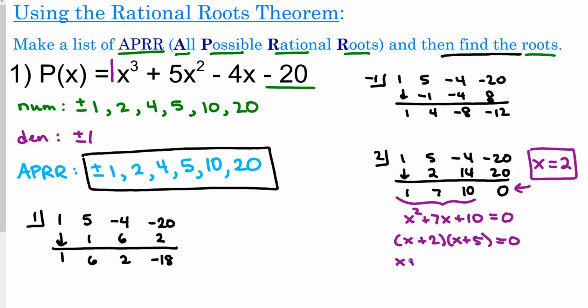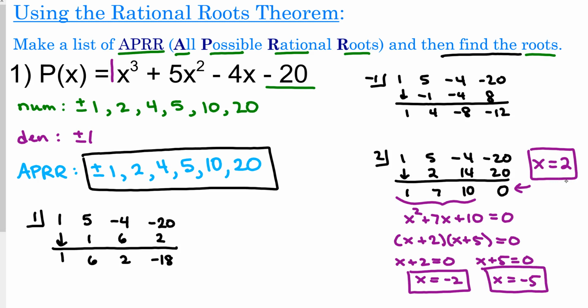And then if we set each of those equal to 0, we find that the other two roots are also rational. They are negative 2 and they are negative 5. So we have all three roots. It turns out for this problem, not every problem, but for this problem, all three are rational numbers, and notice they're all in the APRR list, positive 2, negative 2, negative 5.